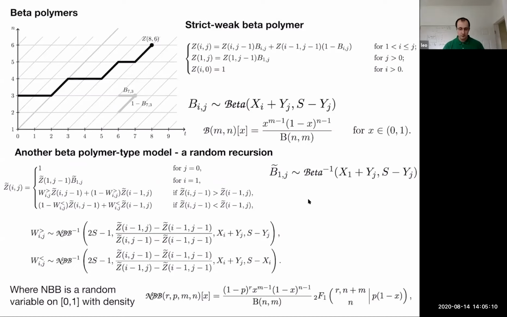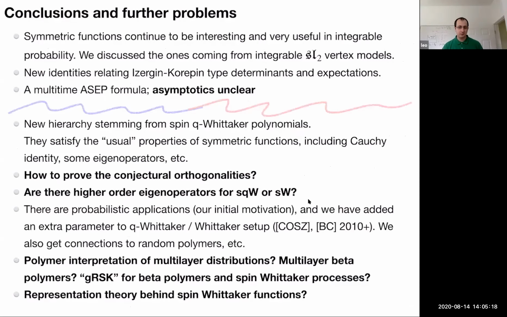They both depend on beta random variables, but other than that, they're pretty different to me so far. So it would be a very nice project to find geometric RSK for beta polymers and some other things. Also, it would be nice to find representation theory for spin-Whittaker functions, which might help prove orthogonality. All right, thank you very much.